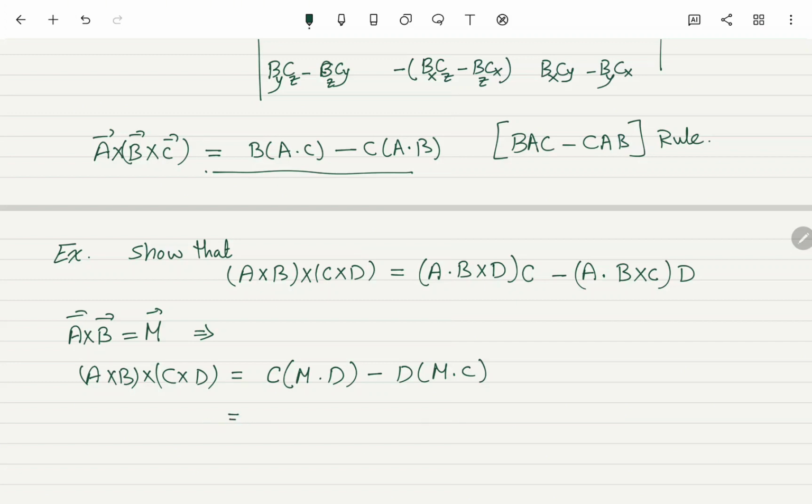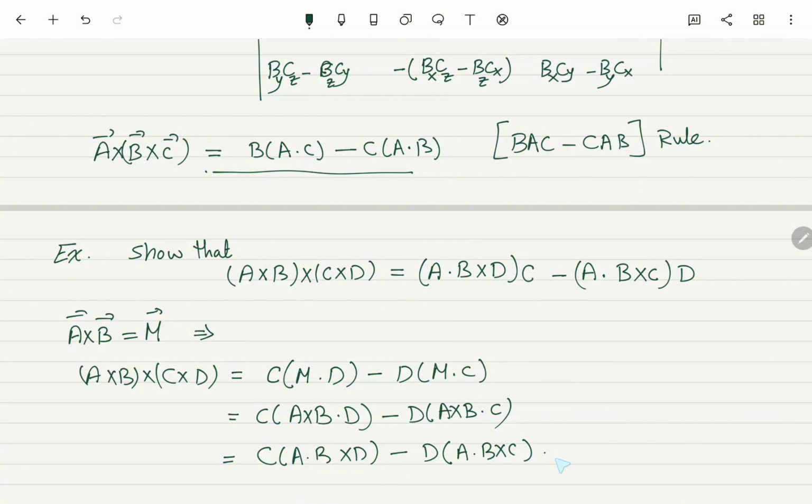And let's just substitute back, using A cross B instead of M: C (A cross B dot D) minus D (A cross B dot C), which equals C (A dot B cross D) minus D (A dot B cross C), and that's it.